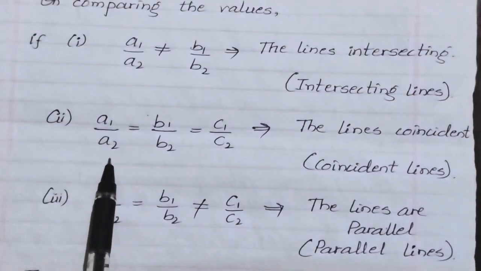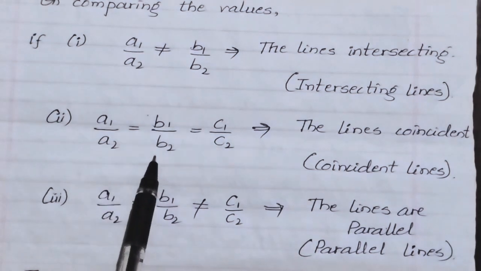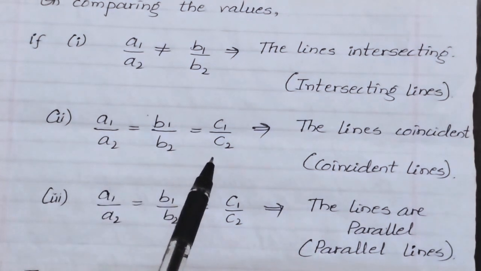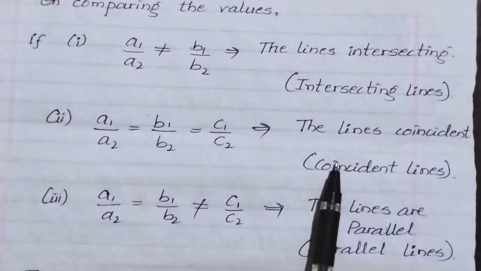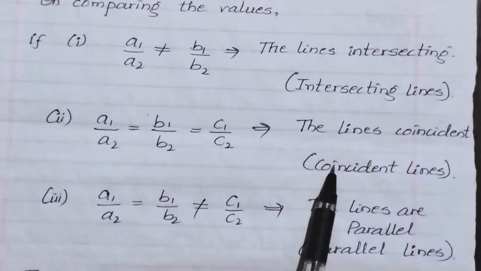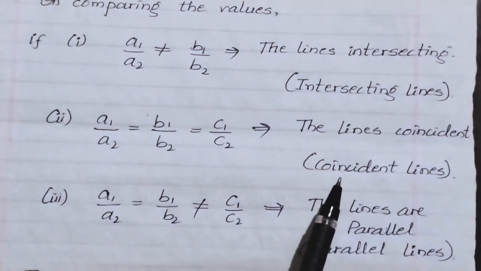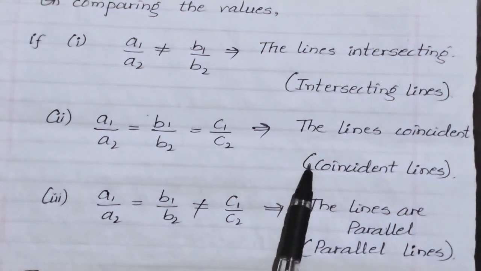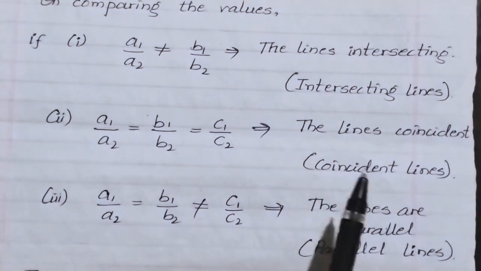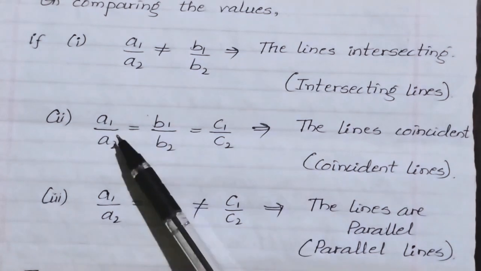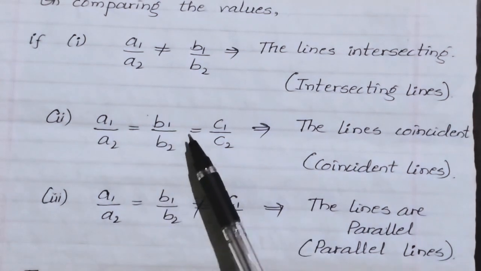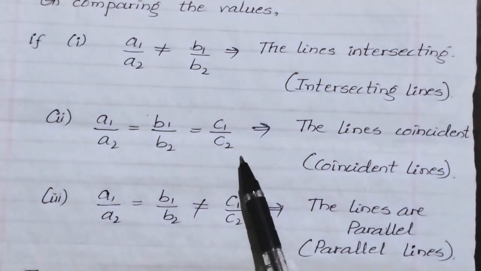Similarly, if a1 by a2 is equal to b1 by b2 and that is equal to c1 by c2, then the lines will be coinciding with one another. Coinciding with one another means they have infinitely many solutions. The coefficients will be a1 by a2 equal to b1 by b2, that is equal to c1 by c2.